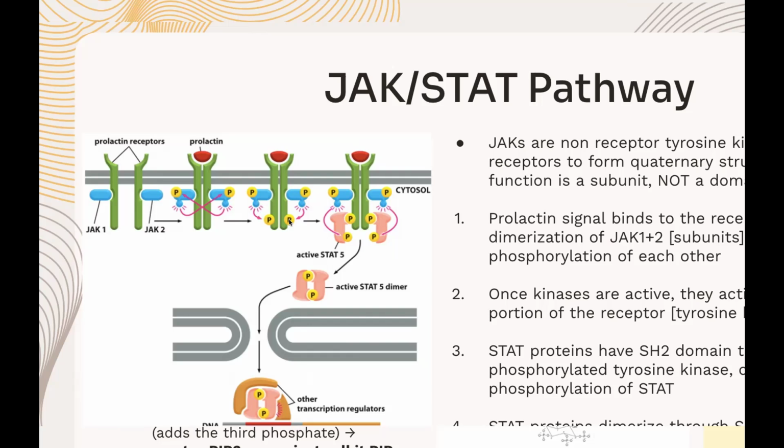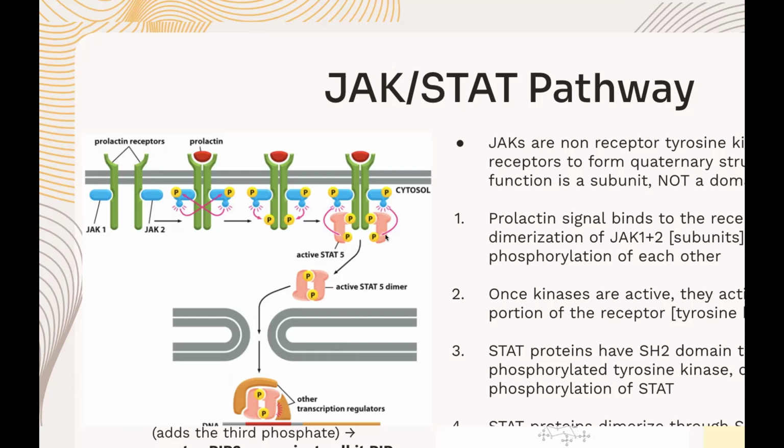Those phosphate groups on the receptors, again, act as binding sites, like we saw in the other pathways. And STAT5s bind to that. Okay. And once STAT5 binds, again the JAKs phosphorylate the STAT5s. So first it just binds to that phosphate, doesn't have this phosphate. Now the JAK comes and phosphorylates it, so it's got the two phosphates on both sides, all right?